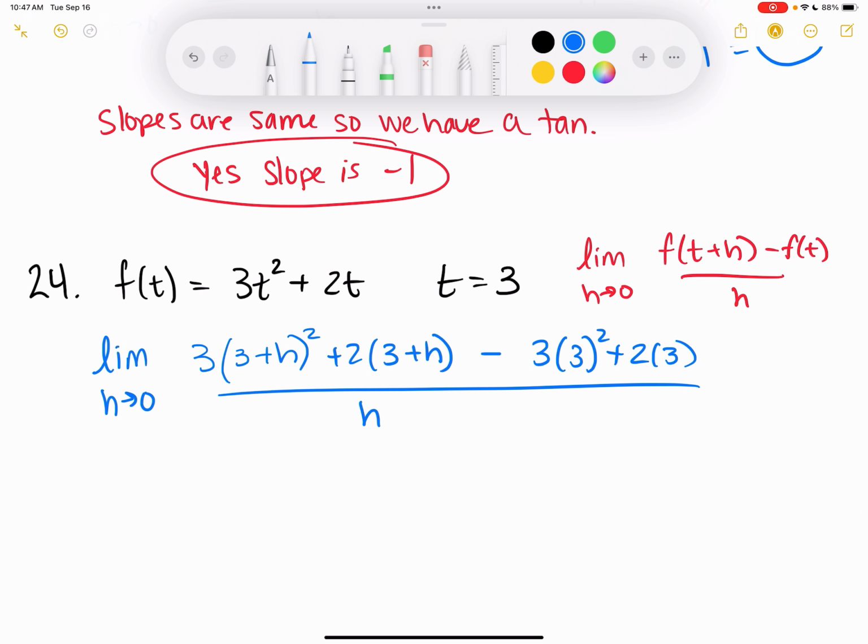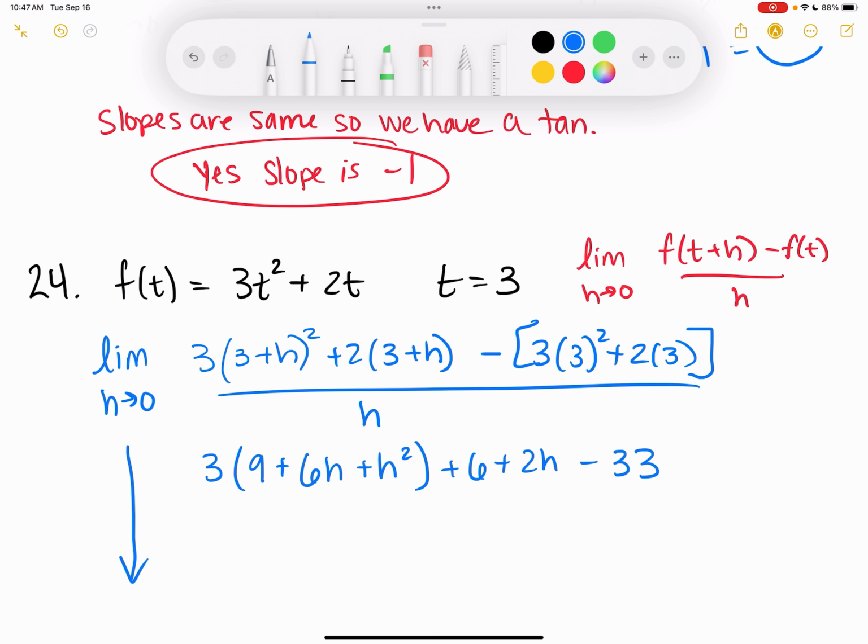So I've got 3 times, it's a perfect square trinomial, so 9 plus 6h plus h squared, plus 6 plus 2h. Oh, I forgot that the minus needs to go around all of that, so I need a bracket. So that's 27 plus 6, 33, so minus 33 all over h.